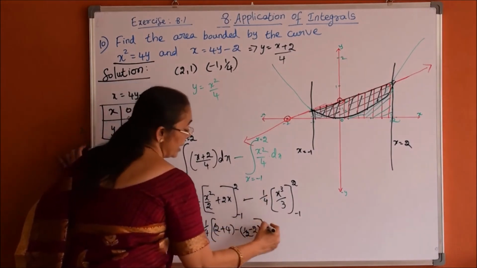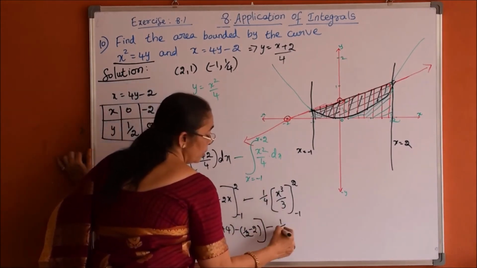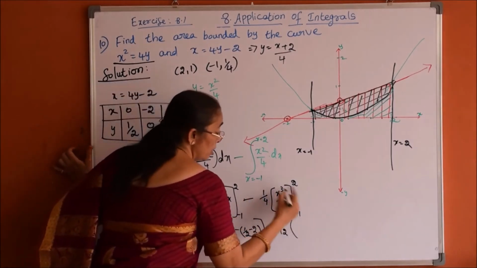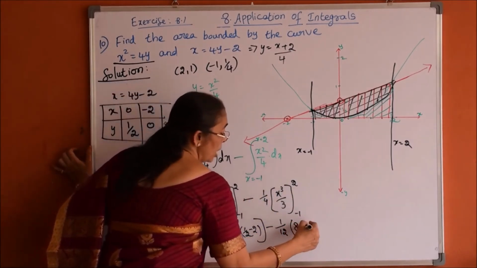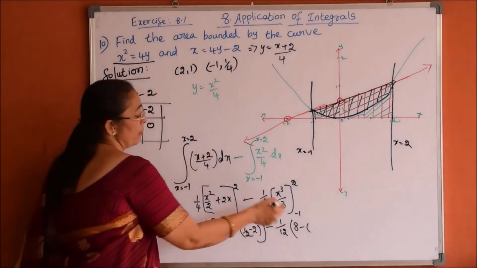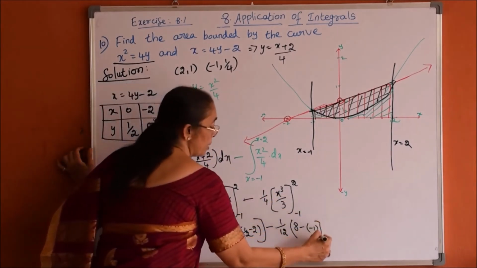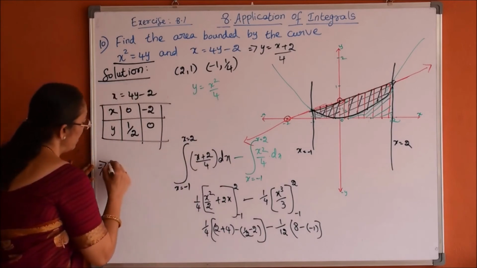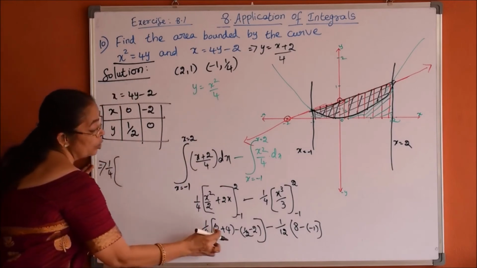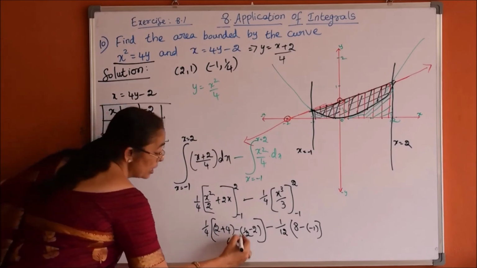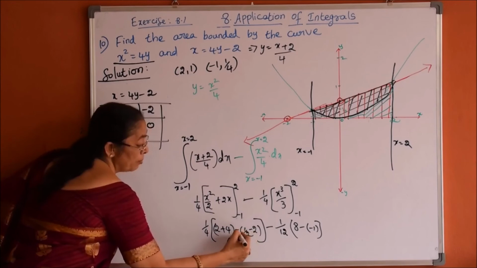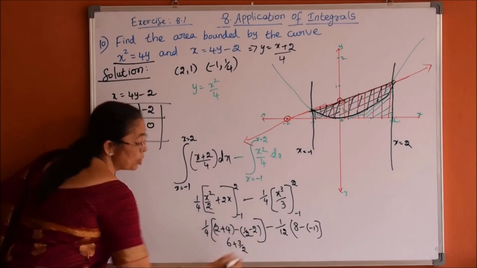Now for the second part, let me take 3 also outside, 1 by 12. Now x cube is 2 cube, 8, and for the lower limit -1 whole cube is -1. Now we will simplify this. Here 1 by 4 is there outside, 4 plus 2, 6, and minus, here -3 by 2, minus into minus, plus 3 by 2.